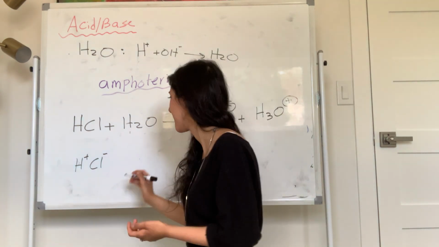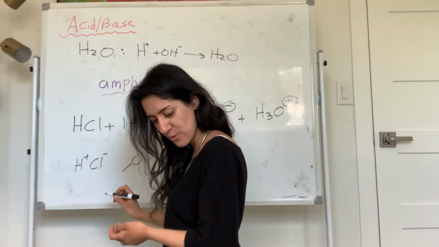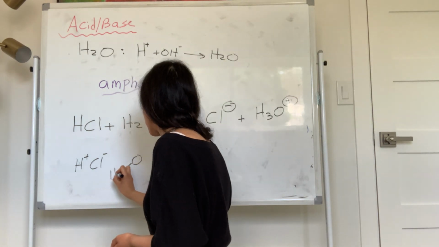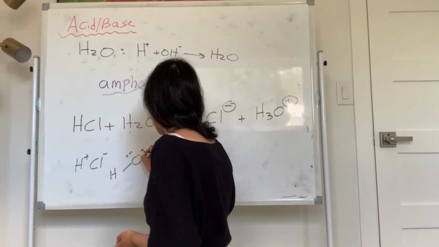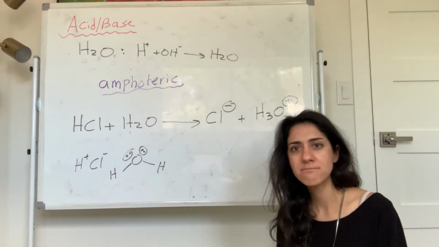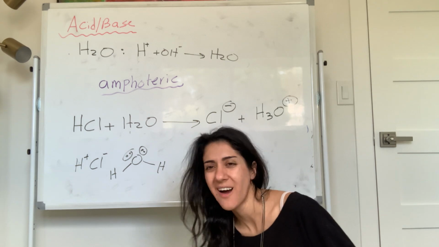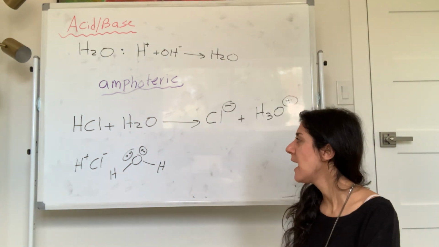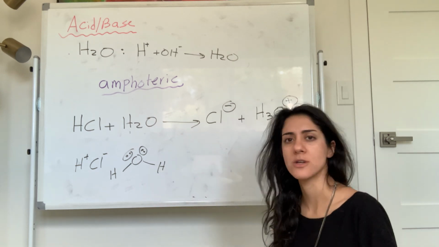Remember that? I know I'm asking you to remember a lot of Chem 1A right now. So if you remember the Lewis structure for H2O, this was a Lewis structure. So far so good? HCl, Chem 1A again, H plus and Cl minus, is treated like an ionic compound, right? And H2O is a covalent compound, so I drew a Lewis structure for it.